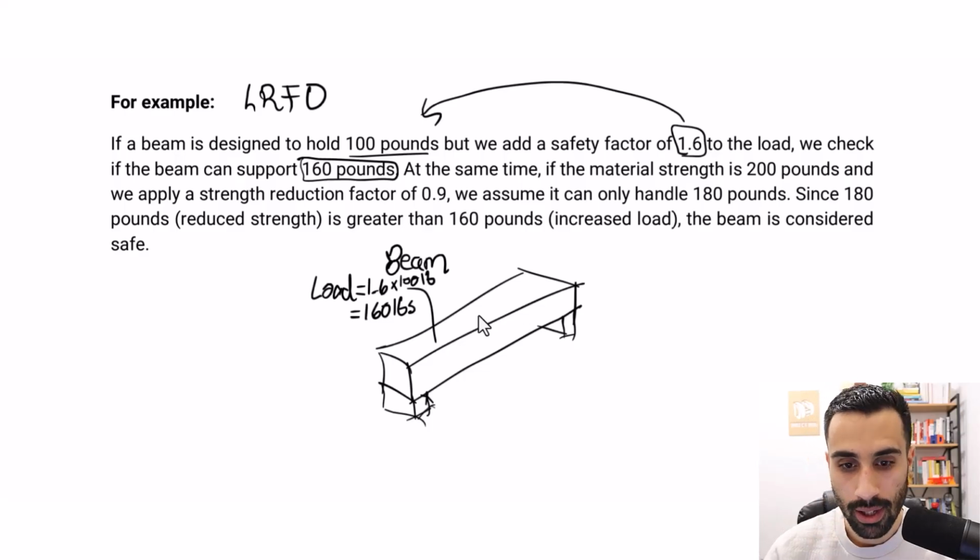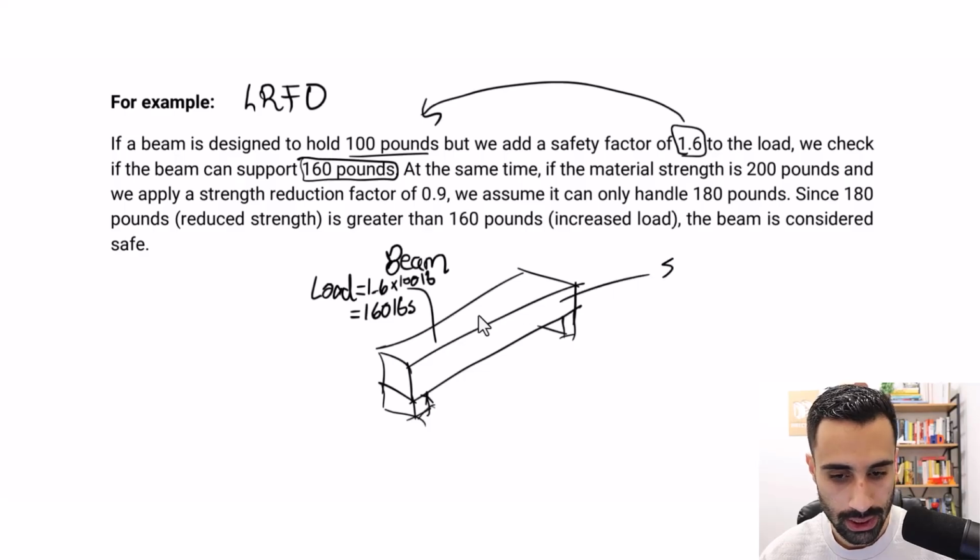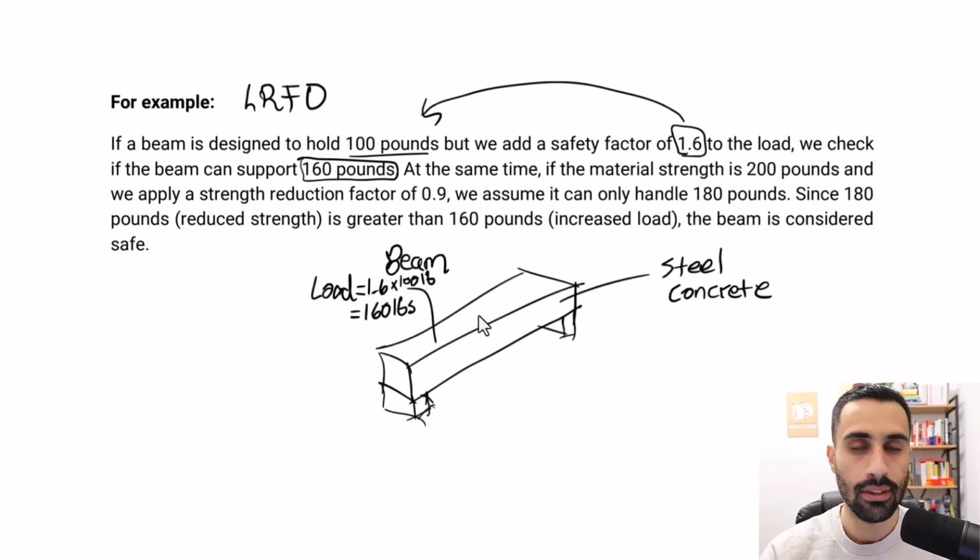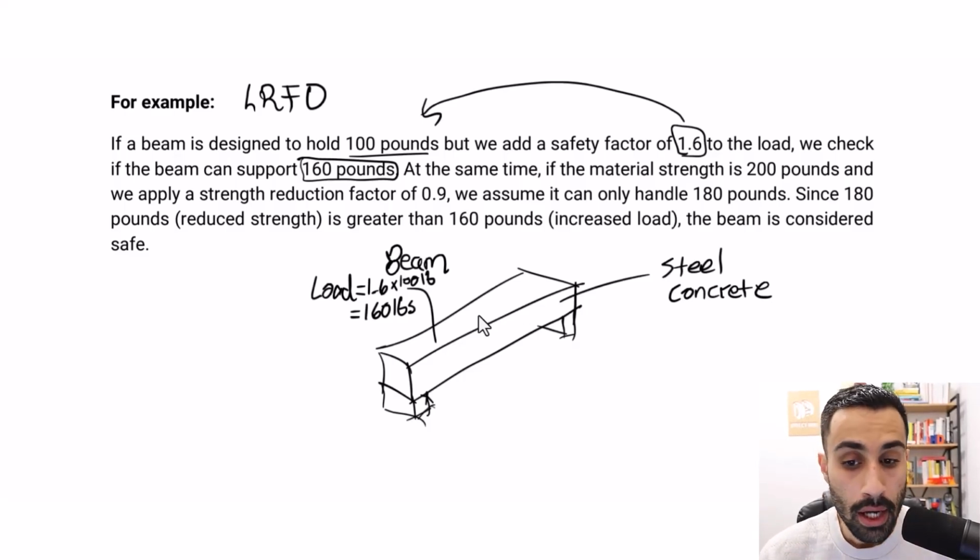Now at the same time, for LRFD, the material strength, let's say it's 200 pounds. This material could be steel, concrete, or wood. The typical ones in our case for the FE are steel and concrete using LRFD. So let's say the material strength of this will be 200 pounds. What I'm going to do then is, again, be more conservative and reduce its strength. Give it less strength when I'm designing.